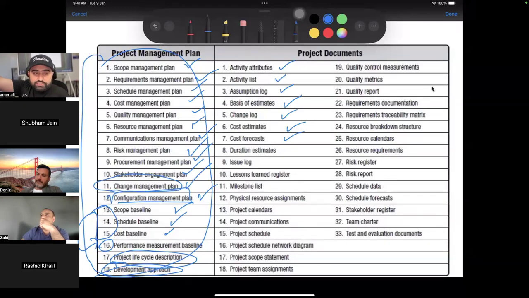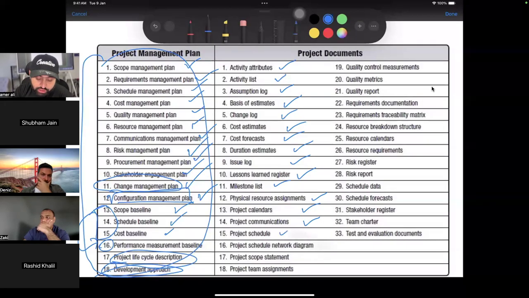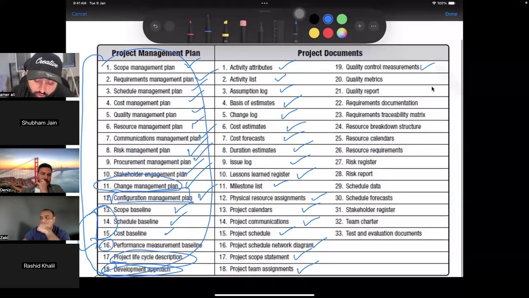Similarly, duration estimates, issue log, lessons learned register, milestone list, resource assignments, project calendar, communication, project schedule network diagram, project scope statement, project team assignments, and quality control measurements.